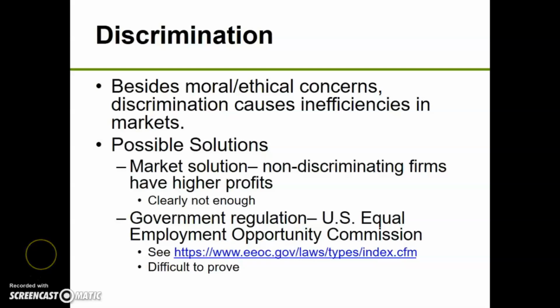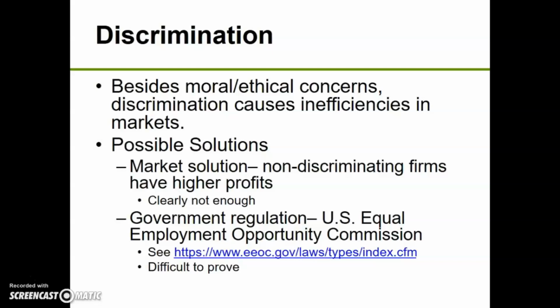So another solution, and really probably the best we've got at the moment, is government regulation. And we do in the U.S. have the Equal Employment Opportunity Commission, whose job it is to regulate and hopefully do away with discrimination in labor markets. You can check out their website for the list of types of discrimination that are illegal and some of the things that the Commission does to discourage those types of discrimination.